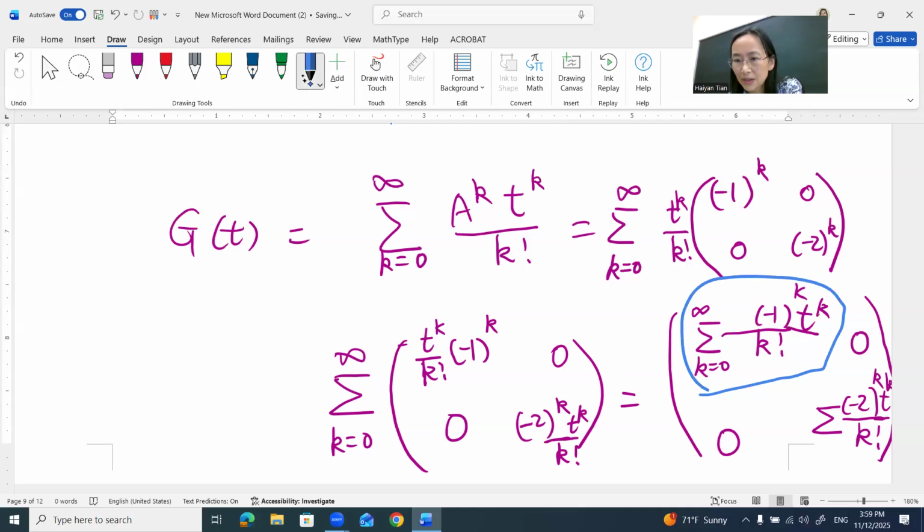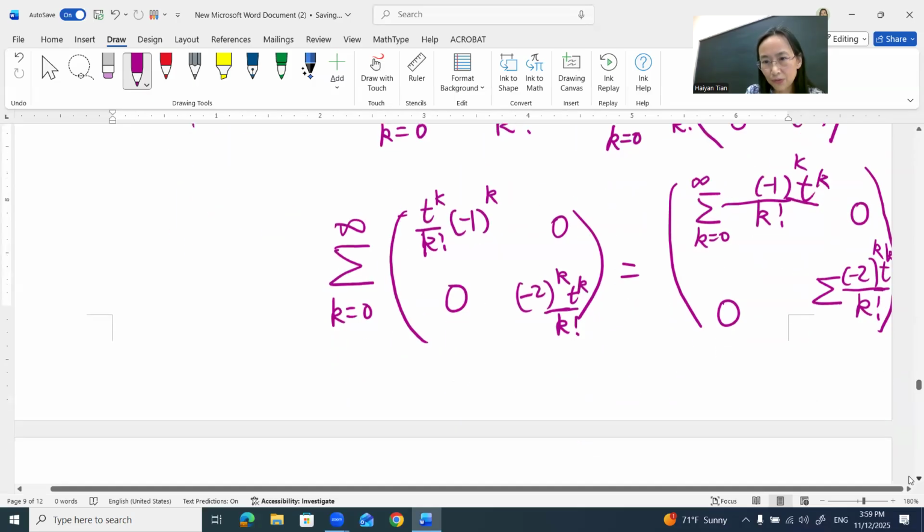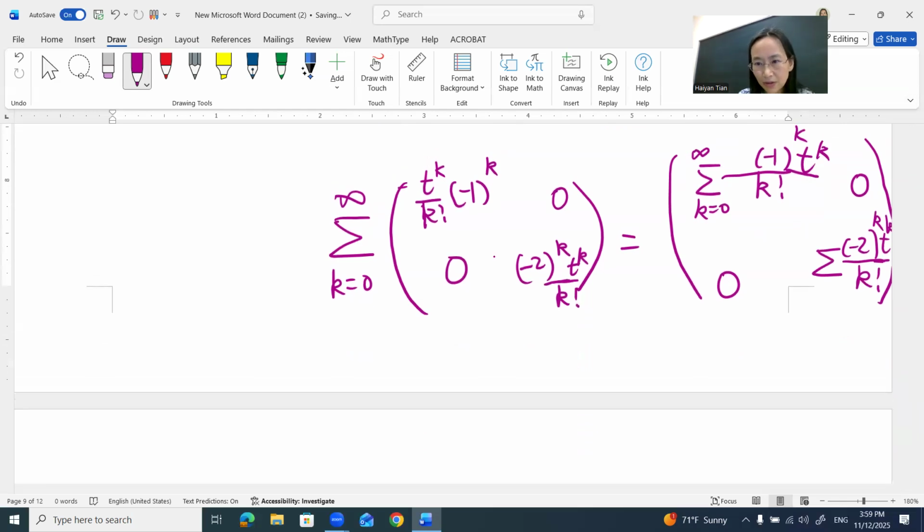This infinite series will converge to the function e to the negative t. Because if you rewrite it, you can discover that the diagonal entry is just negative t. So this is negative t to the K's power over K factorial, and K from 0 to infinity.